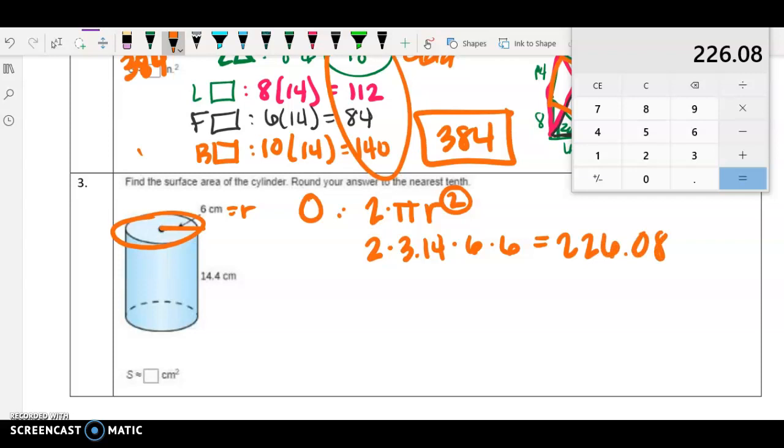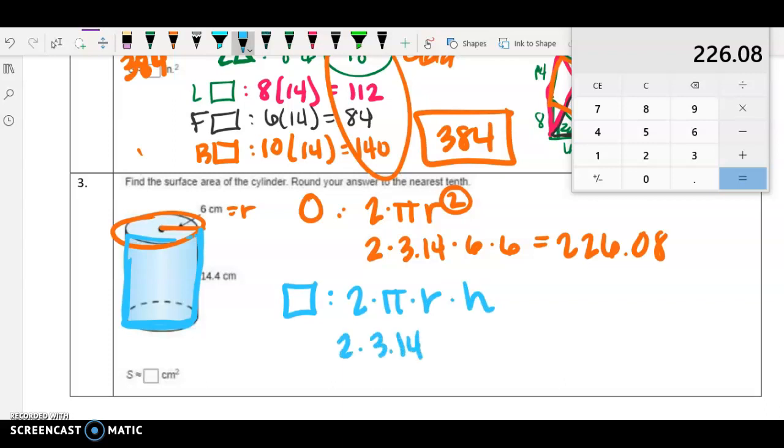So 6 times 6 times 2 times 3.14, and we get 226.08. And now we have to find the area of that little rectangle part. So we have 2 times pi times r times our height. So this is 2 times 3.14 times our radius, which is 6, times our height, which is 14.4.